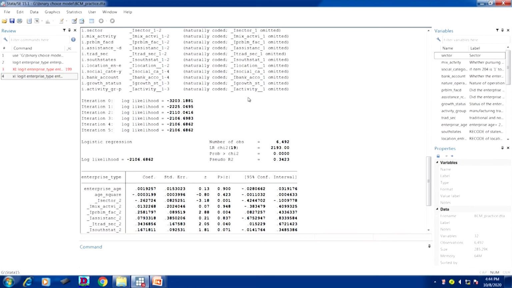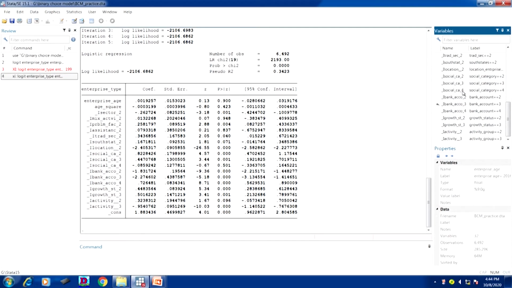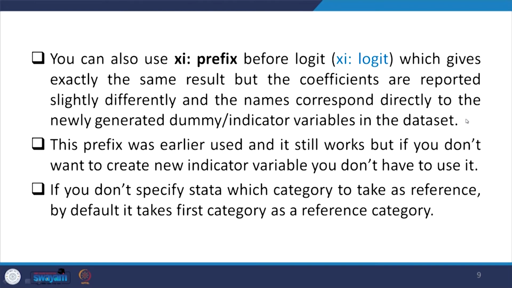Suppose you want to get a small table, I think this is more useful. So, these are also generated as well, defining the other categories as against the base. Now, let's go by the detailing here.